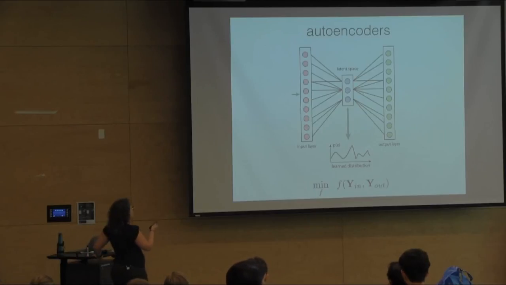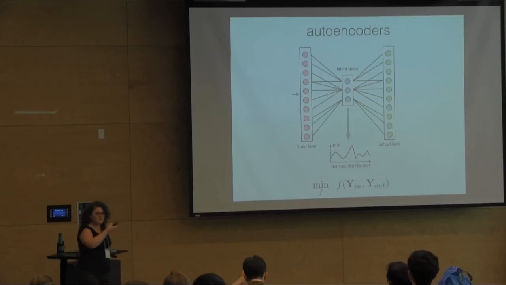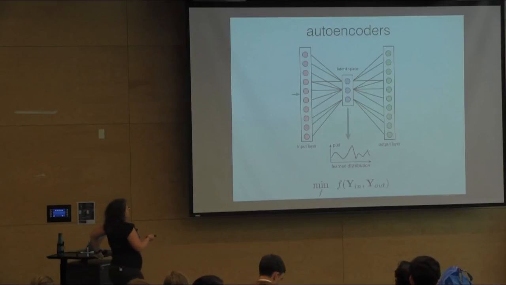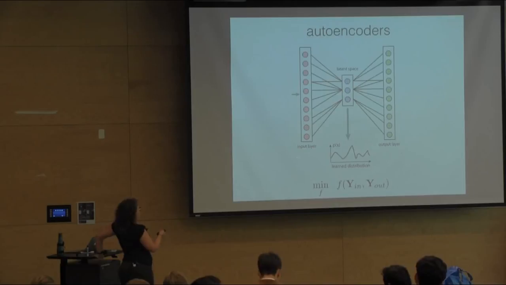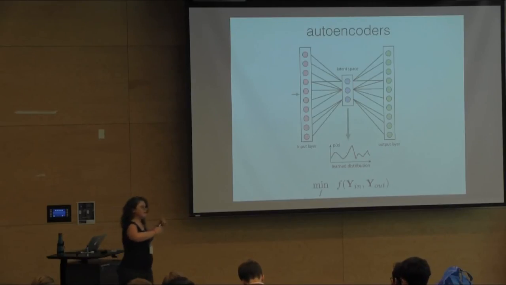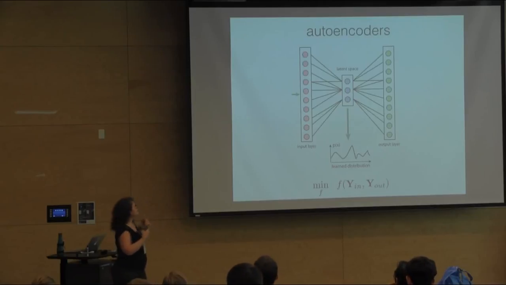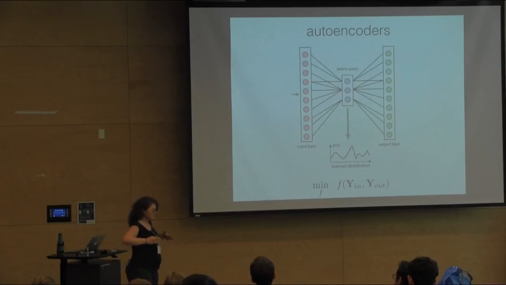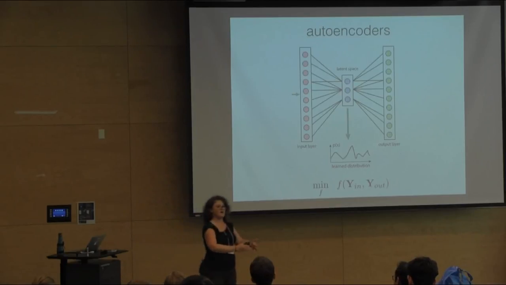The way we do that in the unsupervised setting, which I've been talking about, is through the use of autoencoders. The idea is you feed data into an input layer. You also have an output layer, and there could be many layers in between. But as you look at how many nodes are in each of these layers, you start to move towards a bottleneck.